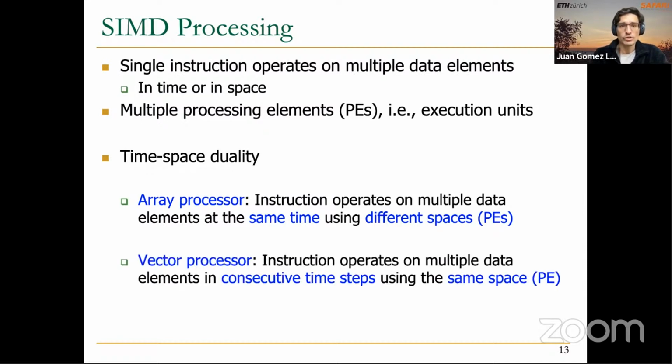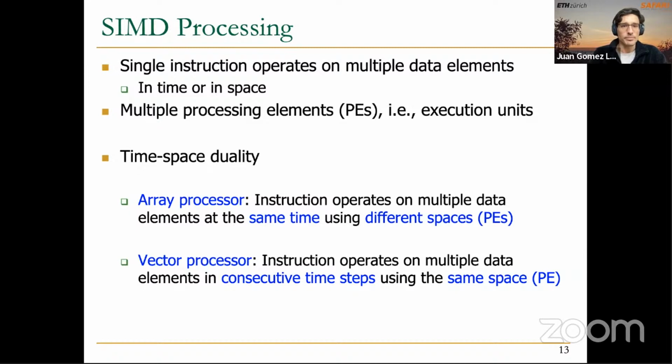While in the vector processor, the instruction operates on multiple data elements in consecutive time steps using the same space. Imagine that we have a single processing element, but it is pipelined. That means it can start operating on one of the multiple data elements every cycle, and after a few cycles, we will have several of these data elements in the pipeline being operated on.